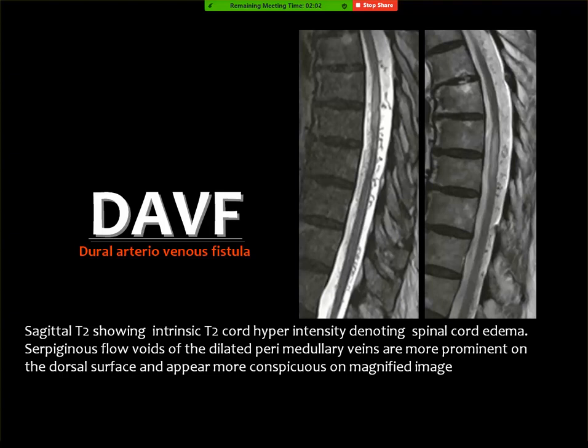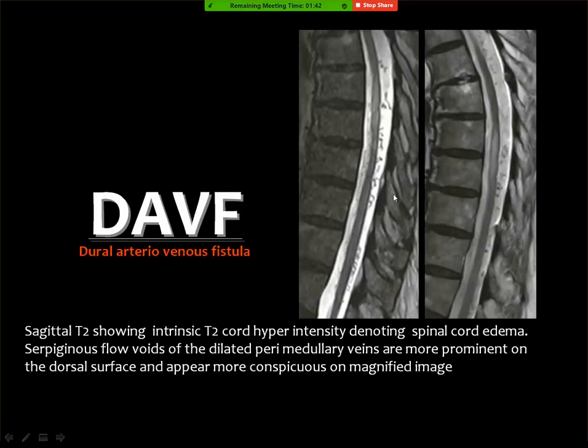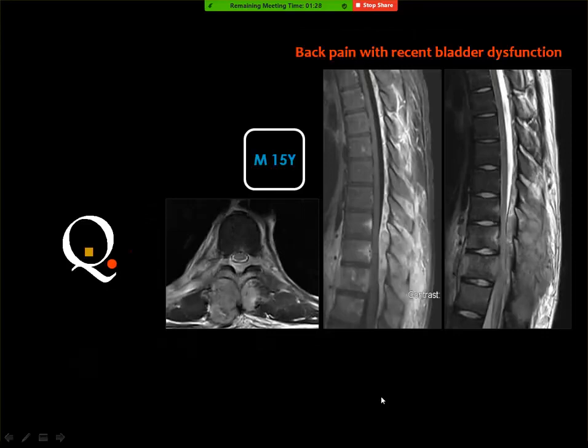Then most of the clinicians could not appreciate this abnormal finding. Then, whenever I looked at the MRI, he had a lot of MRIs before and after contrast with diffusion. And if you see these vessels in the subdural space, and you see changes in the cord, you should know that this is dural arteriovenous fistula.